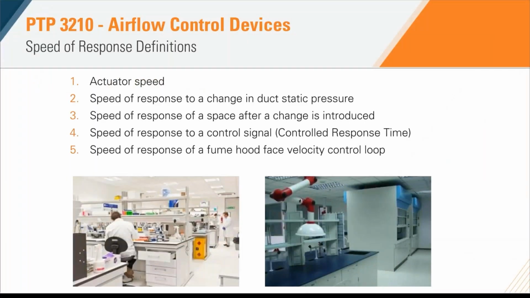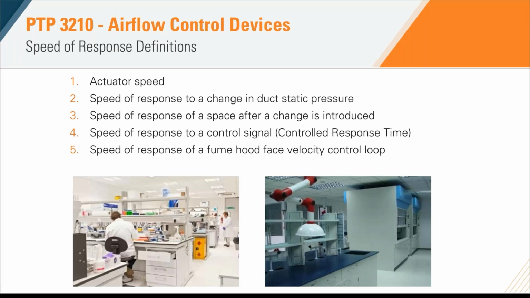You can talk about speed of response directly correlating to the actuator speed. You can be referring to speed of response when there's a change in your duct static pressure. You can be referring to when there's a change introduced and how long it takes for that space to control again. We can be talking about the response to a control signal, so how fast do things react when we input a control signal?